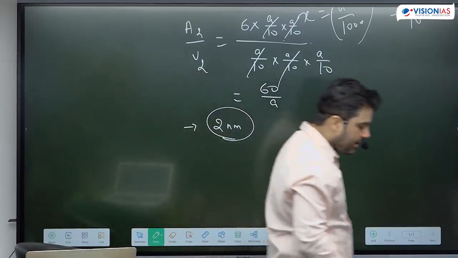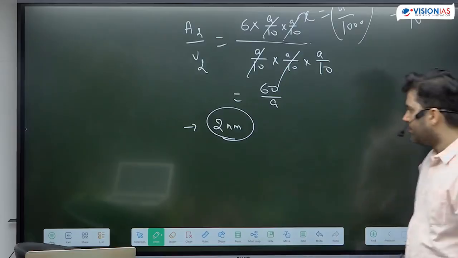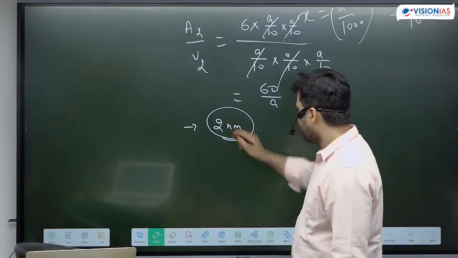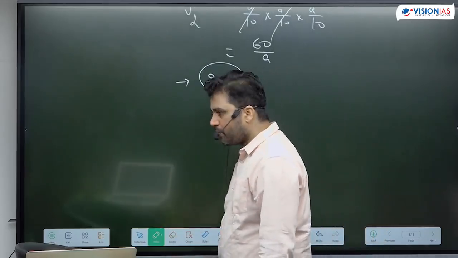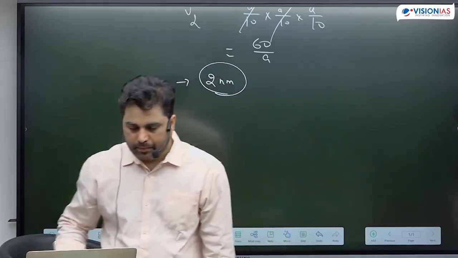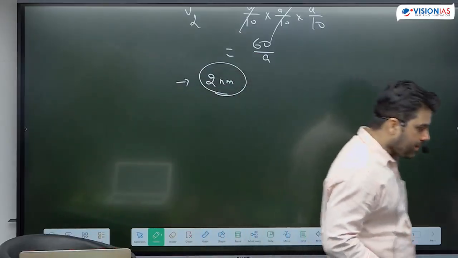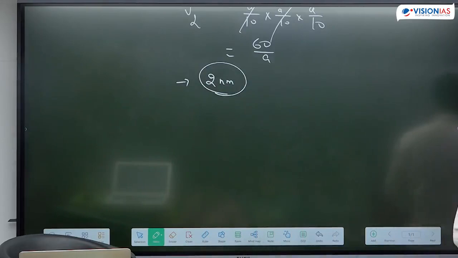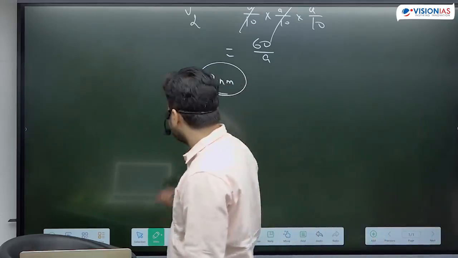A hemoglobin molecule has a diameter of 5.5 nanometer.